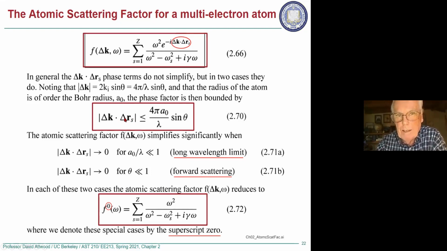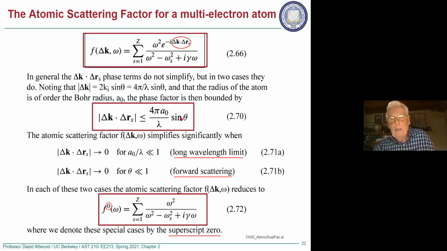So delta R_s, magnitude-wise, is a0, the Bohr radius. All of the electrons are more or less contained within that distance. And delta K, from the diagram we saw before, is 4π sin θ over λ. So that's from this thing, okay?